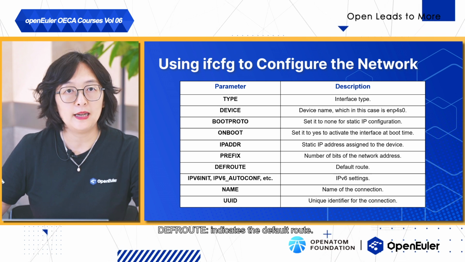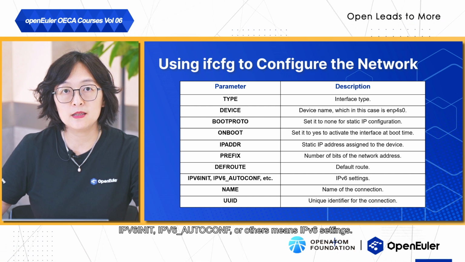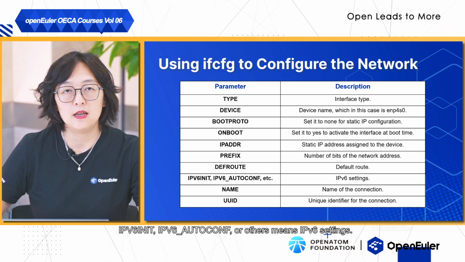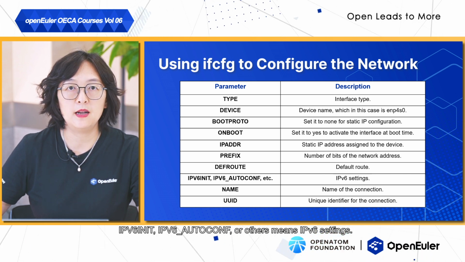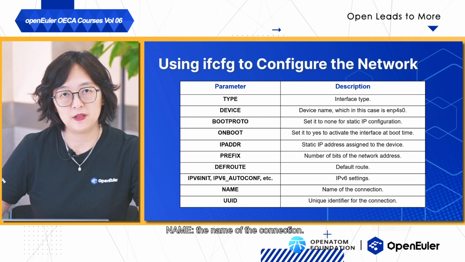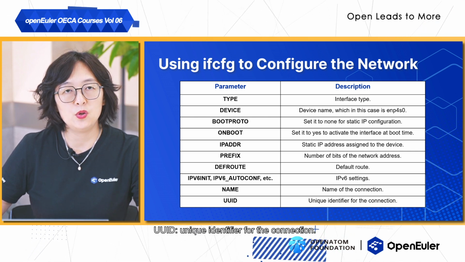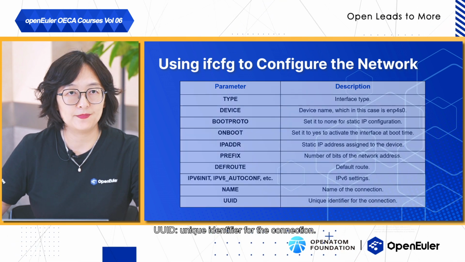DEFROUTE indicates the default route. IPV6INIT, IPV6_AUTOCONF, or others mean IPv6 settings. NAME, the name of the connection. UUID means unique identifier for the connection.